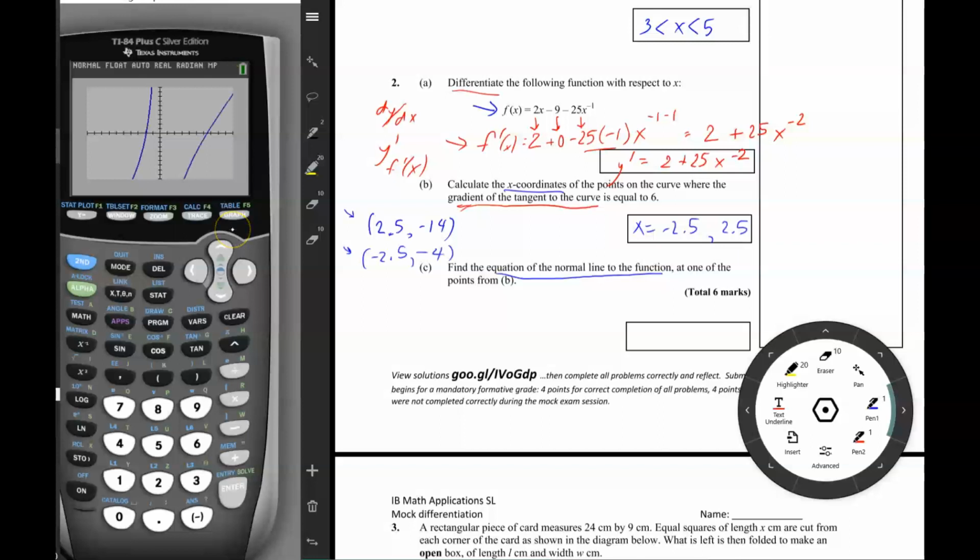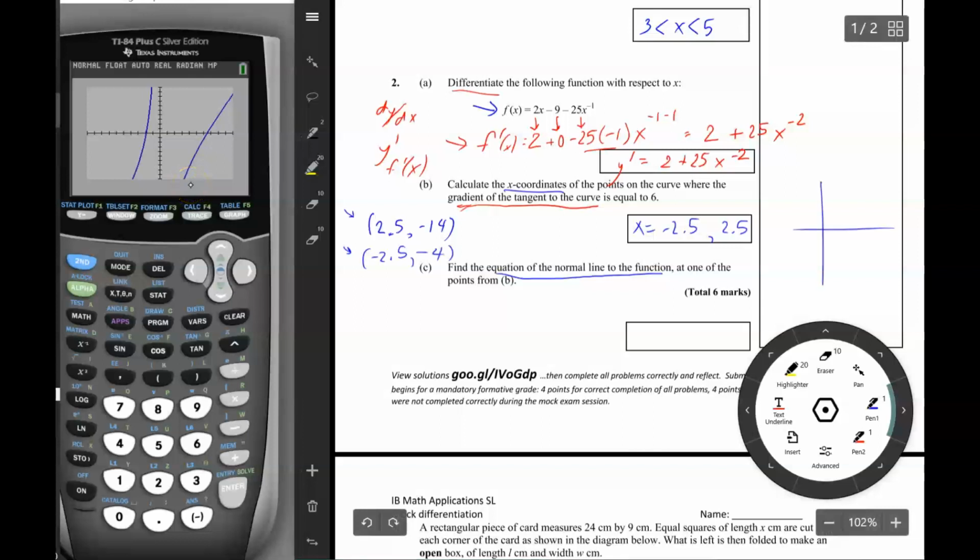And there we go. Okay, and so basically at x equals 2.5, comma negative 14, which is down here, the slope is 6. Now what I'd like to do is make a little sketch of this graph here. So it looks kind of like this, and like this.